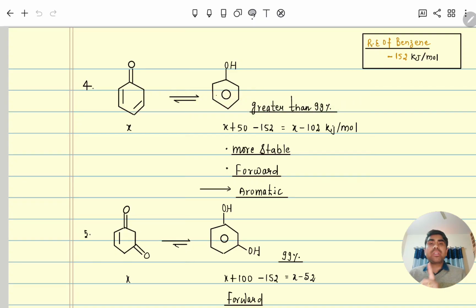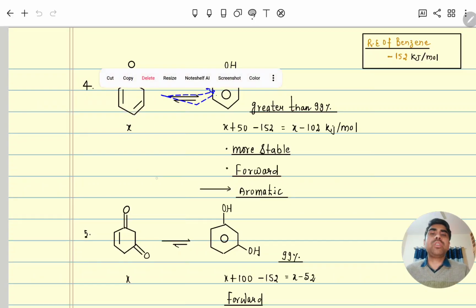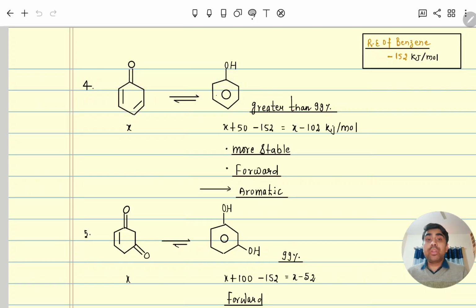That's why we discussed that enol percentage is more when the enol becomes aromatic. Due to that aromatic resonance energy, its energy is relatively less and hence it is more stable, almost 99% enol and 1% keto. Means the reaction will move almost in the forward direction. K equilibrium is greater than 1.